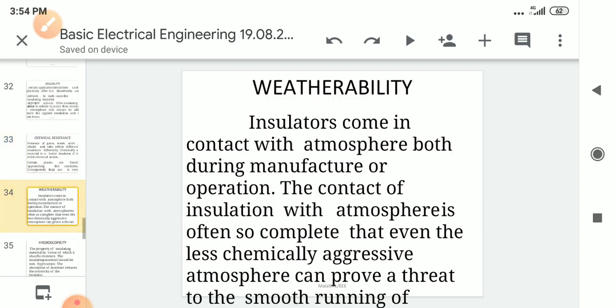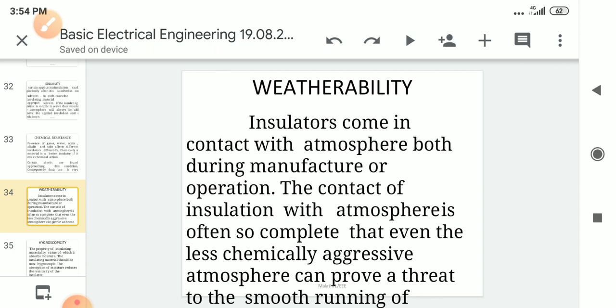Next, weatherability. Insulators come in contact with the atmosphere both during manufacture and operation. For example, our overhead distribution and transmission lines are freely in the atmosphere.